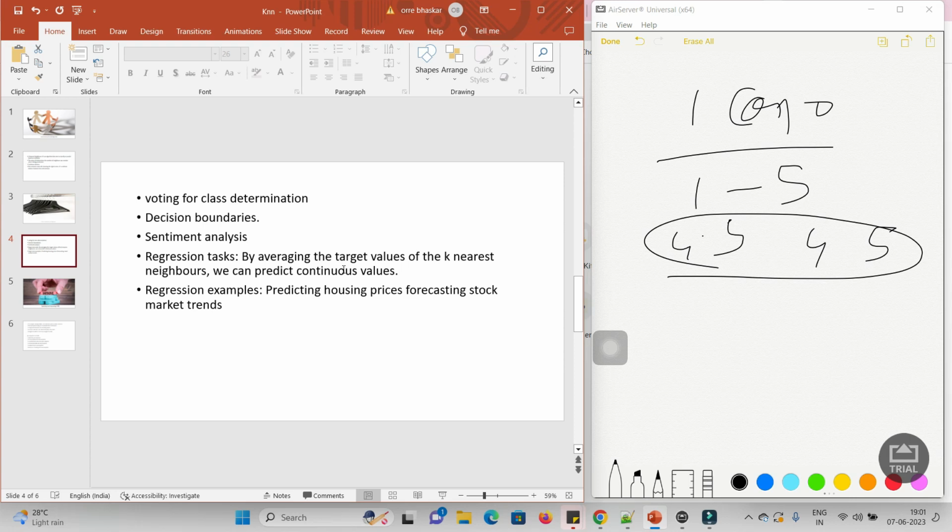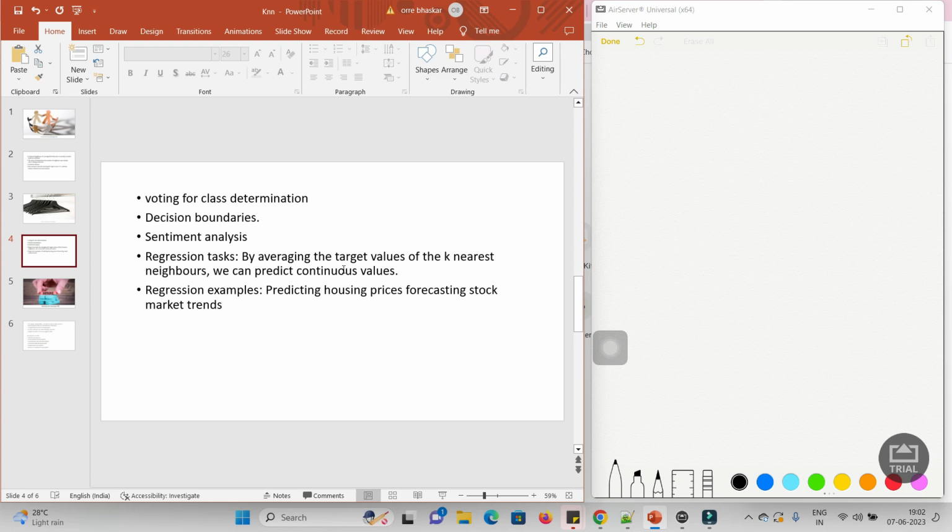So for regression, aggregate each feature's value with similar feature value of their neighbors. So here is a cherry on the top, real life example. Think about predicting housing prices or forecasting stock market trends using KNN. The possibilities are endless. Exciting stuff, isn't it?